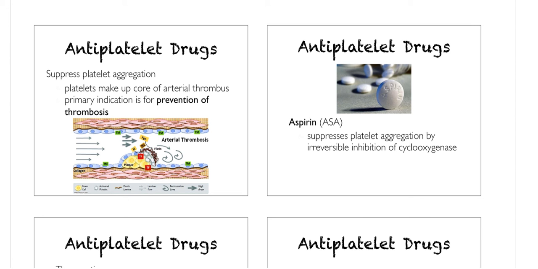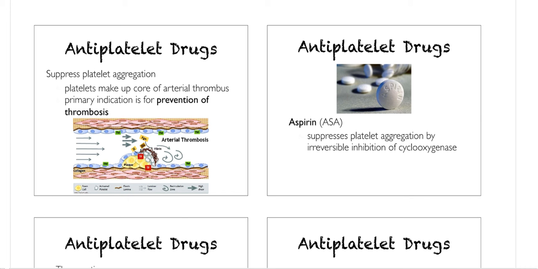So the main one that we are really concerned about is aspirin. This is the one that we're going to be using primarily with most patients. We're going to be seeing this commonly with a lot of elderly patients. It does a really good job of suppressing platelet aggregation, and it does so by irreversibly inhibiting cyclooxygenase. So this is irreversible antagonism.